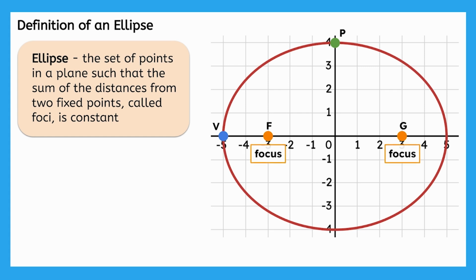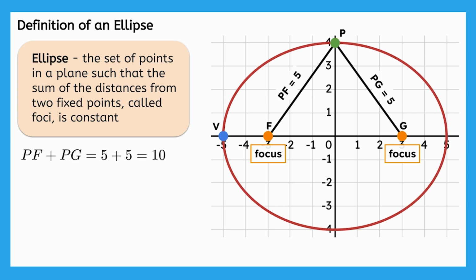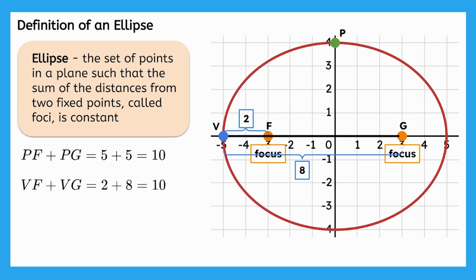By definition, the sum of the distances from these foci to any point on the ellipse is constant, which means it does not change. This is why both the sum of PF and PG and the sum of VF and VG were both equal to 10. It wasn't a coincidence. It was the very definition of an ellipse in action for points P and V.